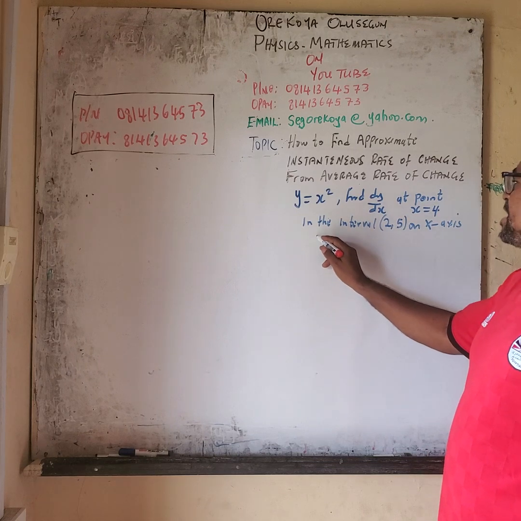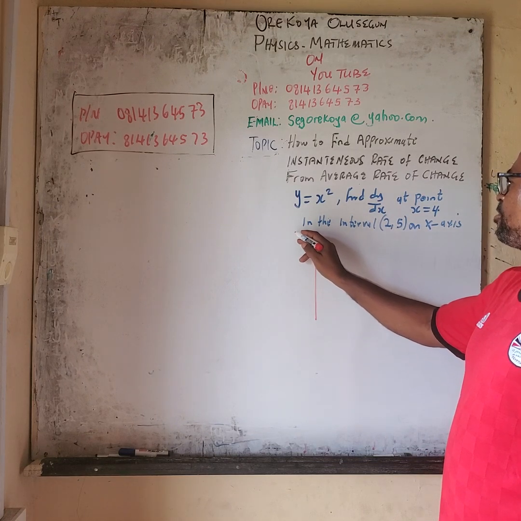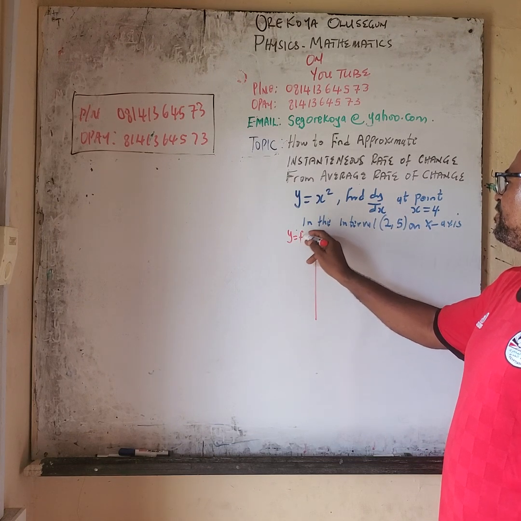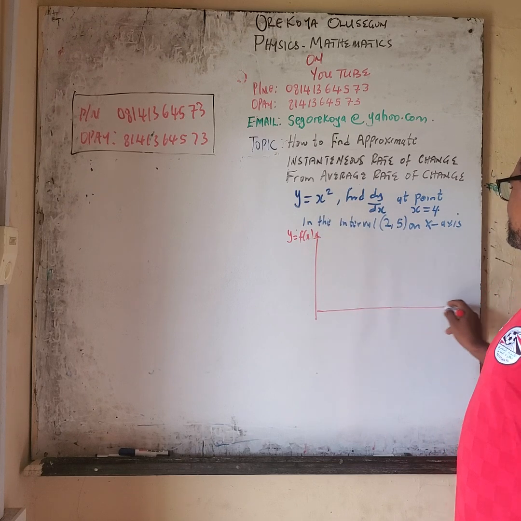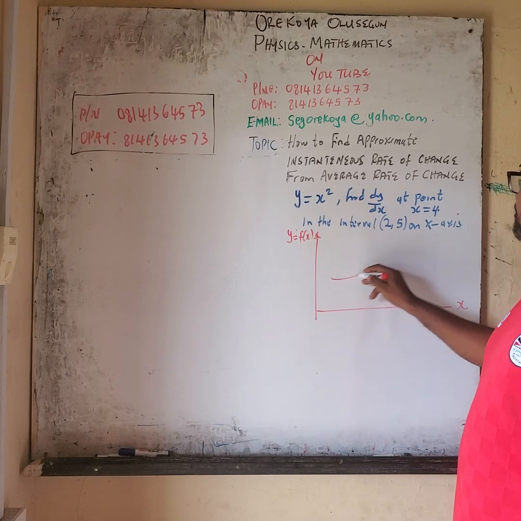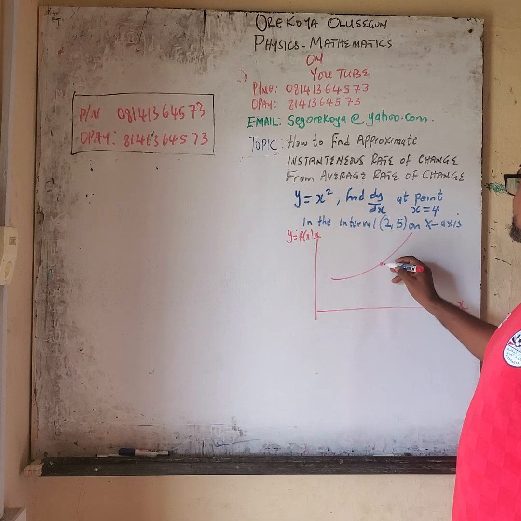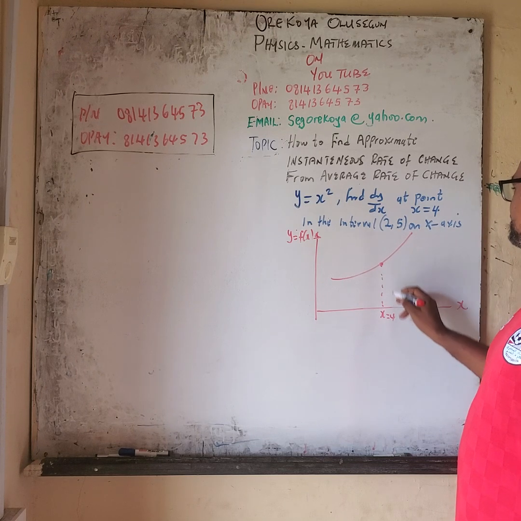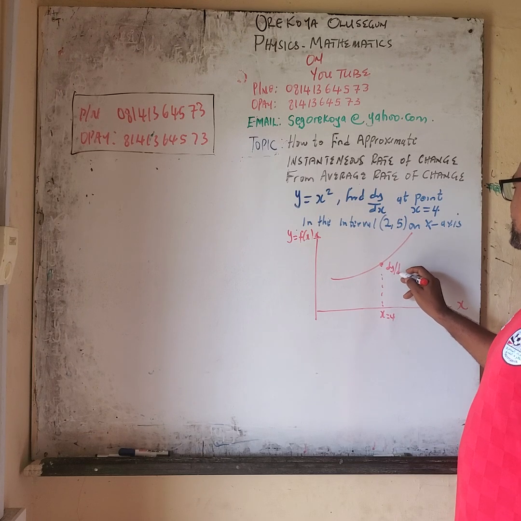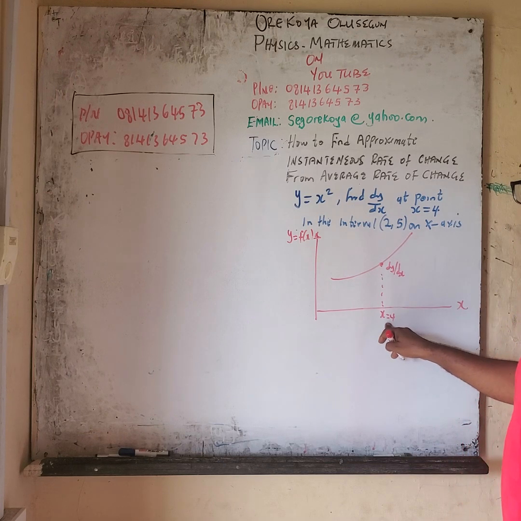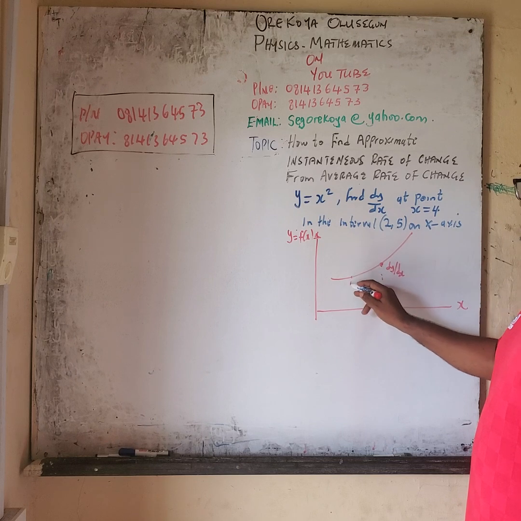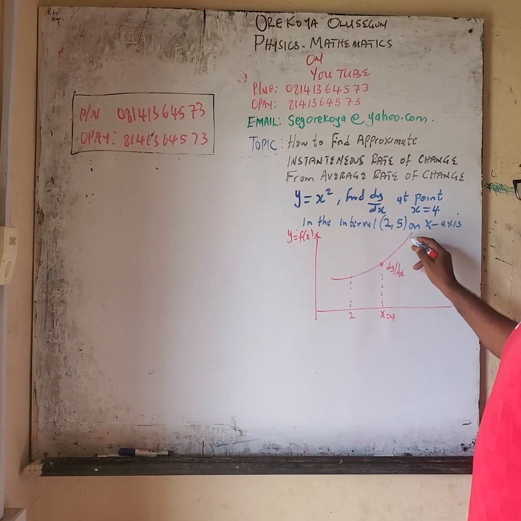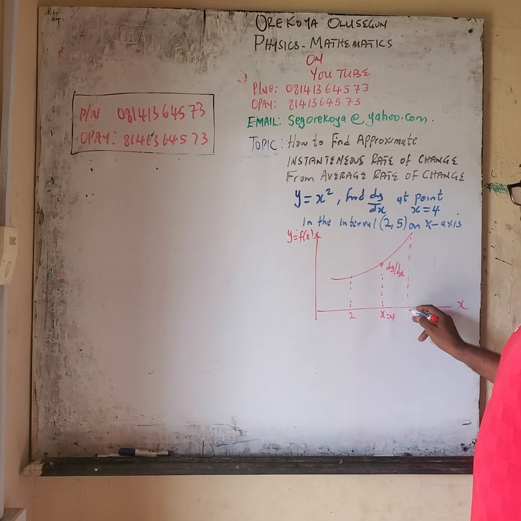Now, what this is actually saying is this. Let me give an arbitrary diagram of this problem. y is equal to f of x against x. So we want to find the instantaneous rate of change when x is equal to 4, that means to find dy/dx at x equal to 4 within this particular interval of 2 and 5.